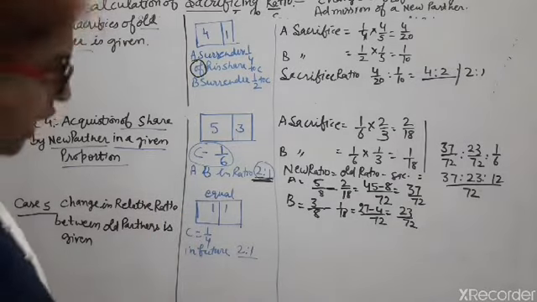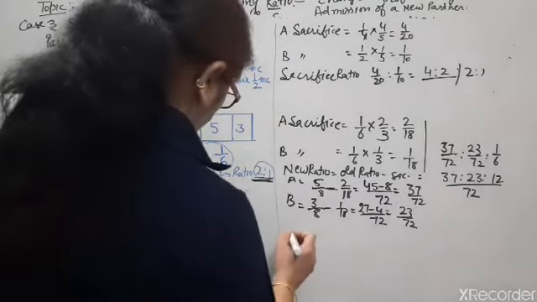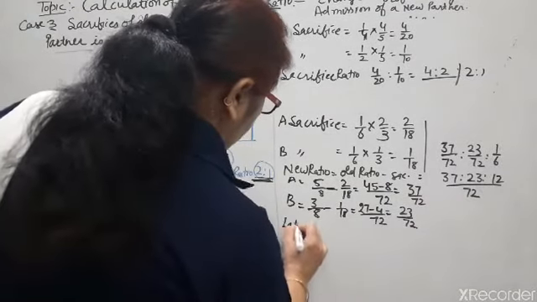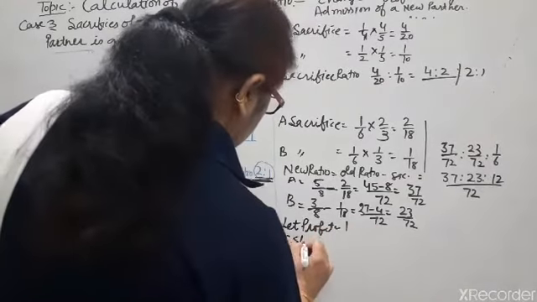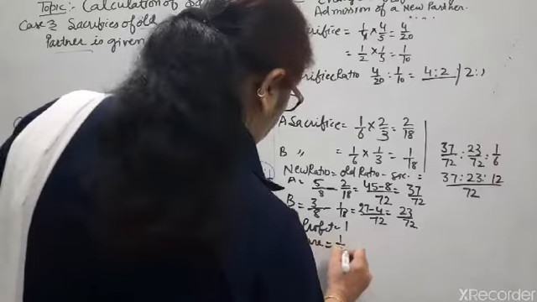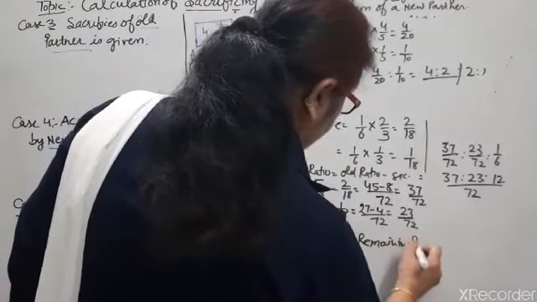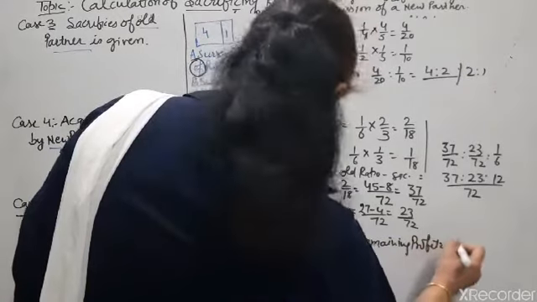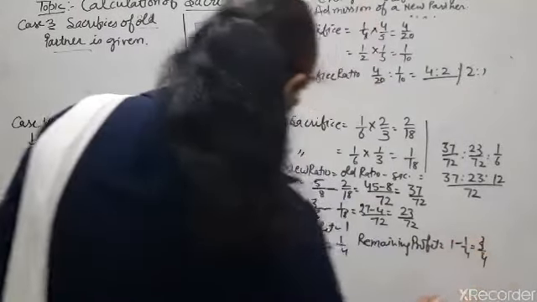So how can we calculate the sacrificing ratio? First of all, we calculate the new ratio. Let the profit be equal to 1. C's ratio is equal to 1 by 4. The remaining profit is equal to 1 minus 1 by 4, that means 3 by 4.